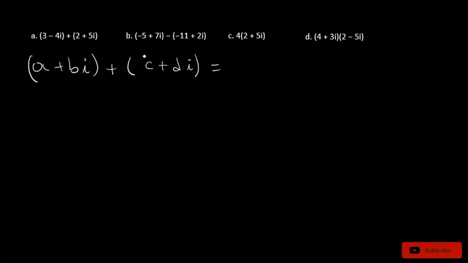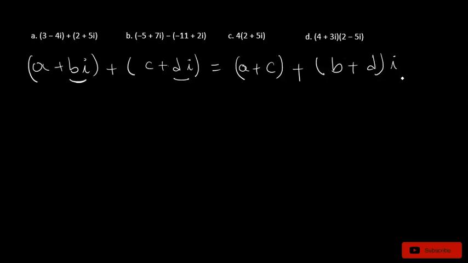I have to add the real parts first, which means a and c, a plus c, then the imaginary parts, b and d. The imaginary parts are bi and di: b plus d times i.